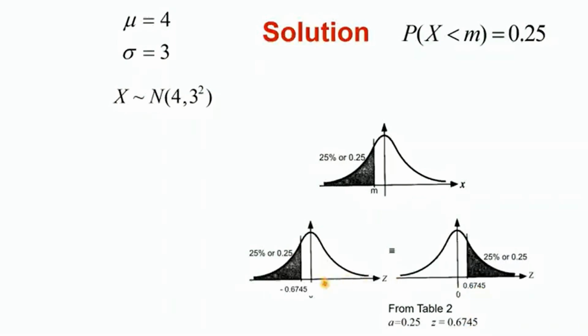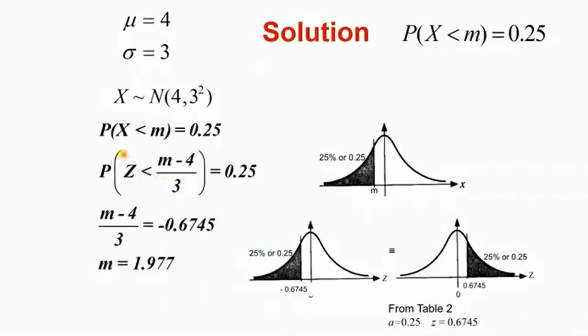Because our z is in fact on the left side, using the symmetric property, you can use the same value but times by -1, which is -0.6745. In fact, you have something like this. Probability of x less than m is 0.25.